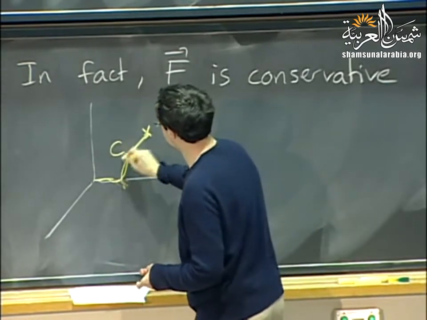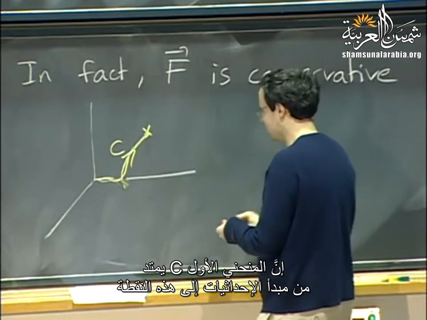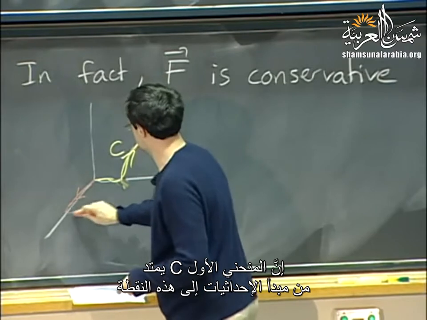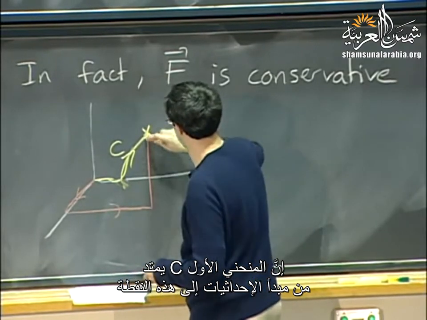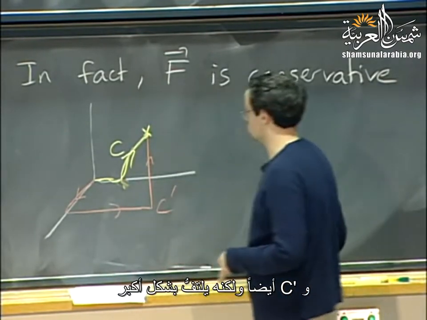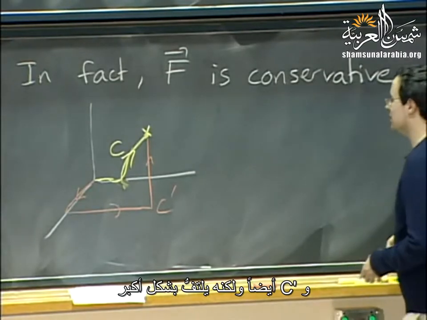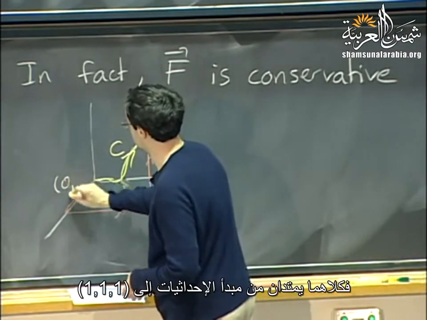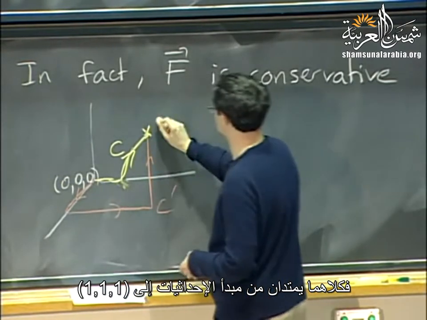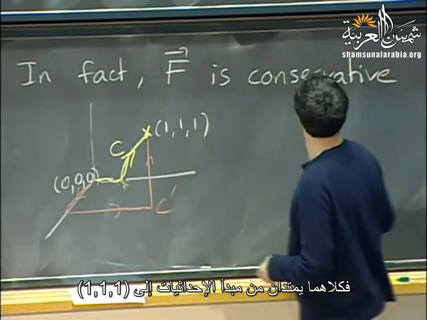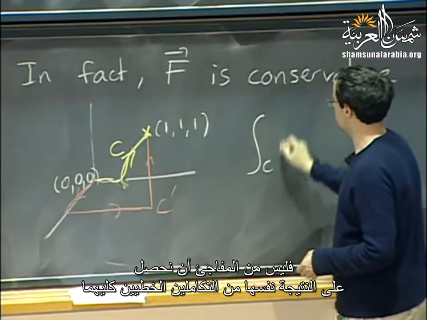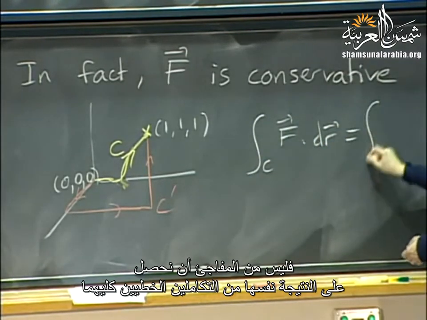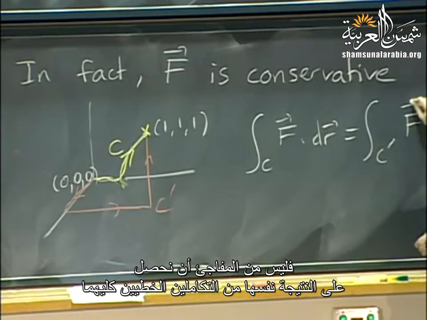So the first curve C goes from the origin to this point, and so does C prime, just in a slightly more roundabout way. They both go from the origin to (1, 1, 1). So it's not a surprise that you'll get the same answer for both line integrals.